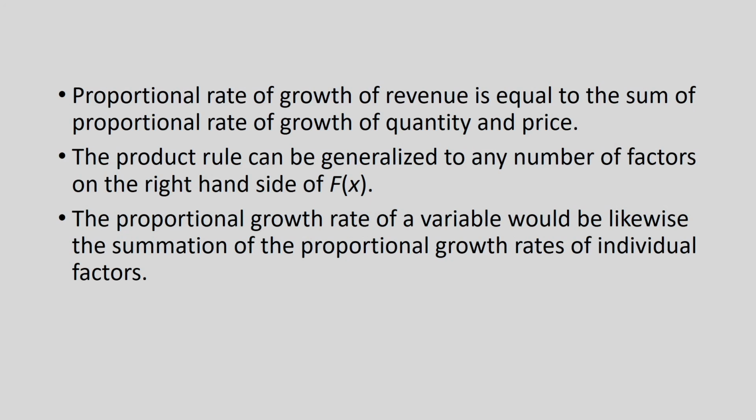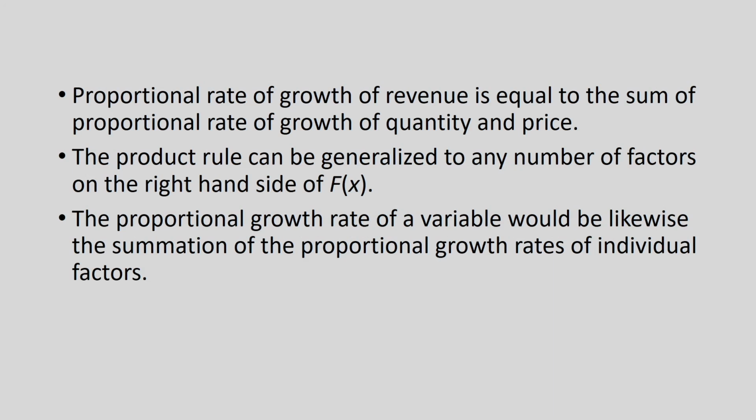It means the proportional rate of growth of revenue is equal to the sum of the proportional rates of growth of quantity and price. Remember, the derivative of R with respect to time, divided by R itself, is the expression for proportional growth of the revenue. Therefore, proportional growth of revenue is equal to the sum of proportional rates of growth of quantity and price.